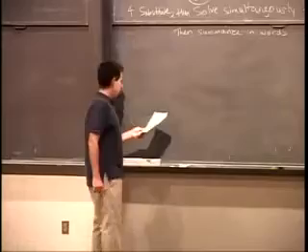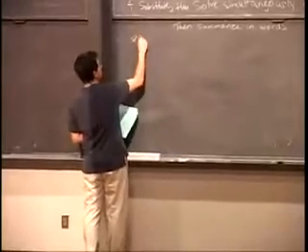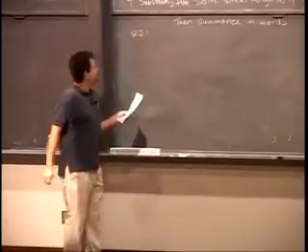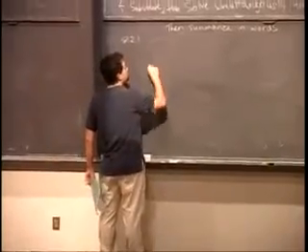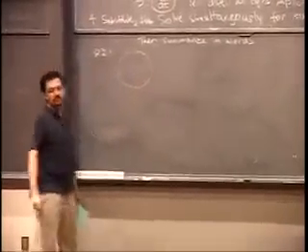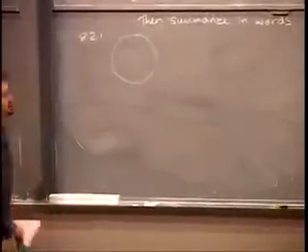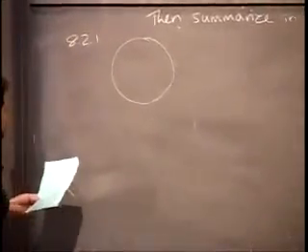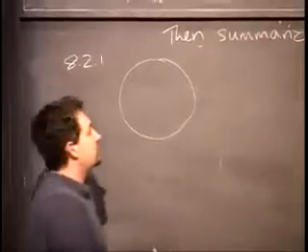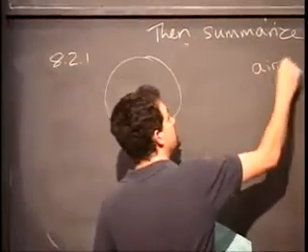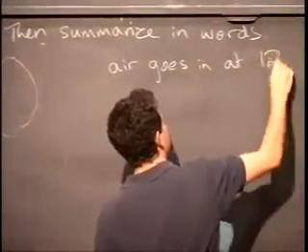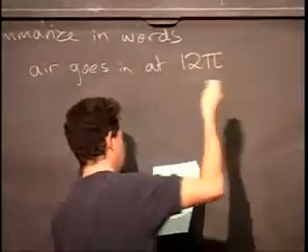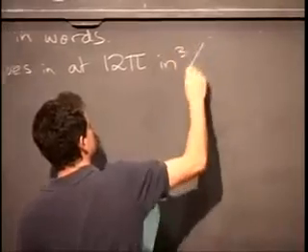Here is a problem that you can find in 8.2.1 of the book, and it is a fairly straightforward example. You have a perfectly spherical balloon, which is inflated by some sort of air pump or some strong person, at a constant rate of air. Air goes in at 12π inches cubed per second.